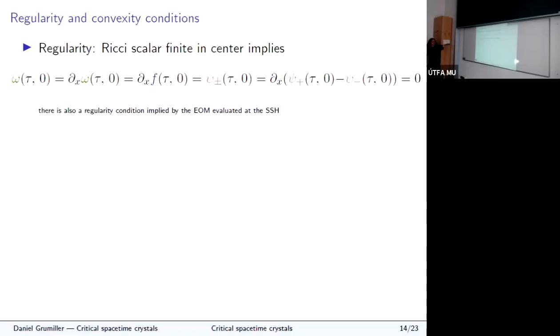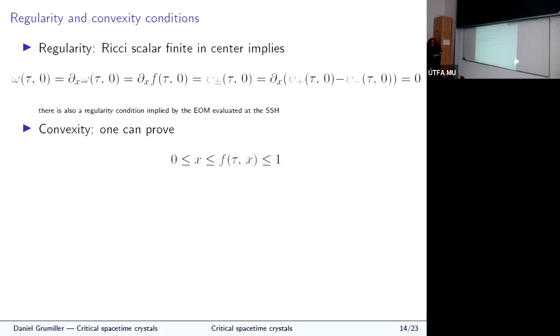All right, so before I do the large D limit, the regularity and complexity conditions of relevance. So regularity just means we want the Ricci scalar to be finite in the center. This implies various conditions. There's also some regularity condition implied from the SSH, which I'm not displaying. And there are various complexity conditions, so you can prove this chain of inequalities.